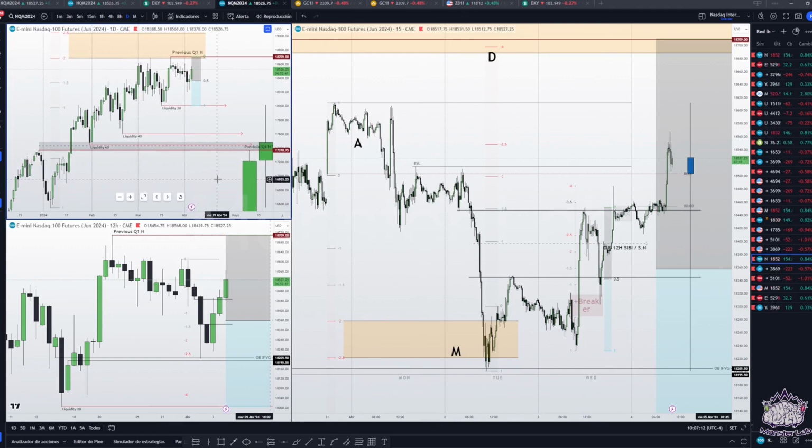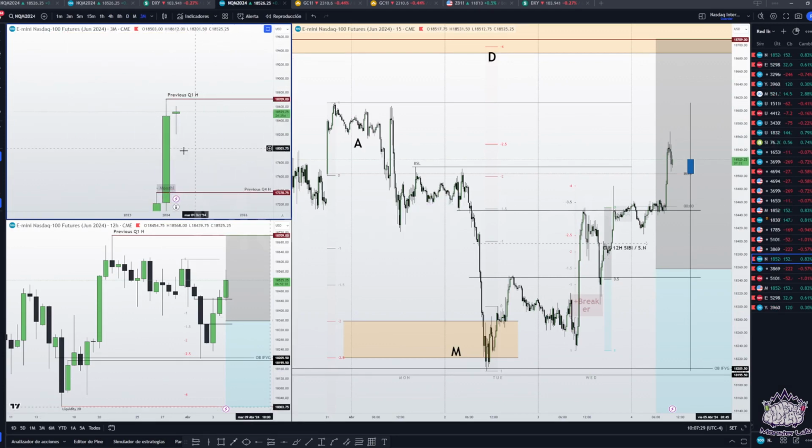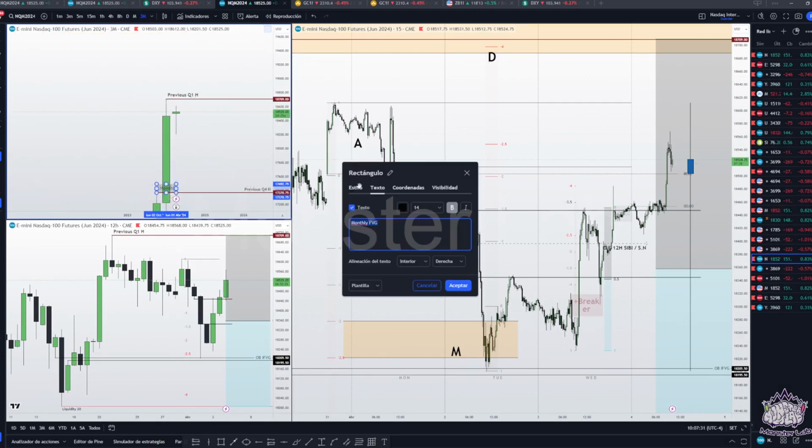So in the daily chart, identify the 3 previous months liquidity, but in the quarter power of 3, the more recent liquidity is the previous monthly high or previous quarter high.